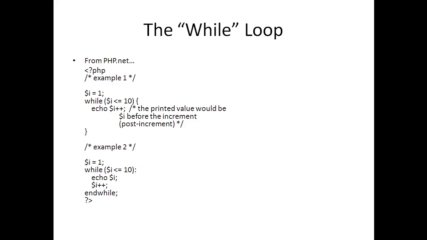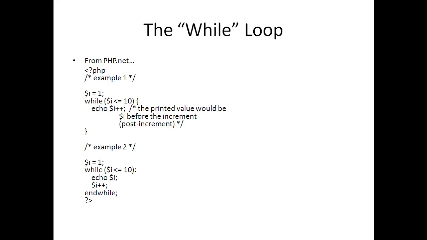Here's an example from php.net. Example 1 uses a while loop, and as we see, we do use braces around it in this particular case. It starts a counter of $i equals 1, does while $i is less than or equal to 10, echo $i++. So in PHP there is a plus plus version.